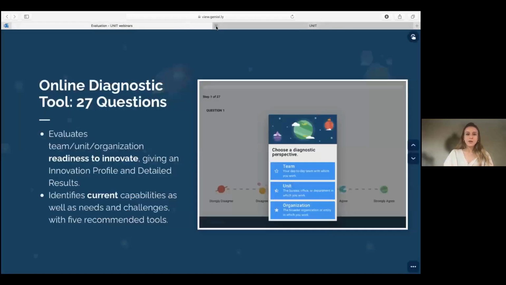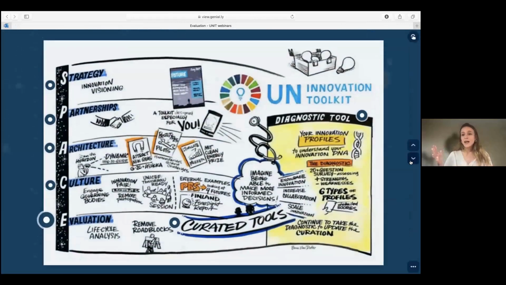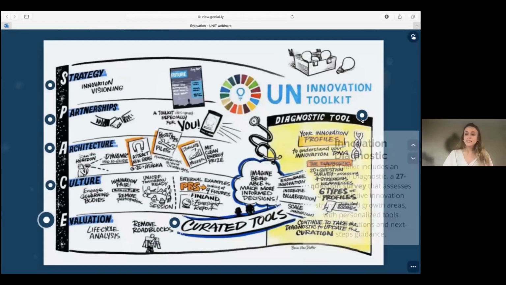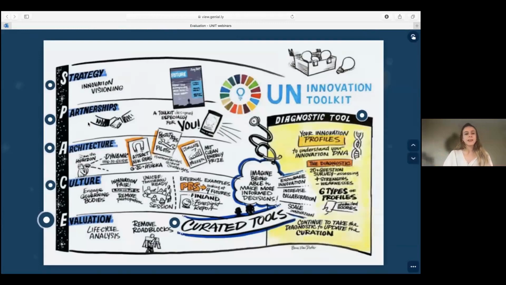Now let's continue with the recap of the toolkit. Here we can see the big picture of what the UN Innovation Toolkit is. We have already seen what the diagnostic is and how it works: the SPACE framework with the 5 critical pillars for innovation.